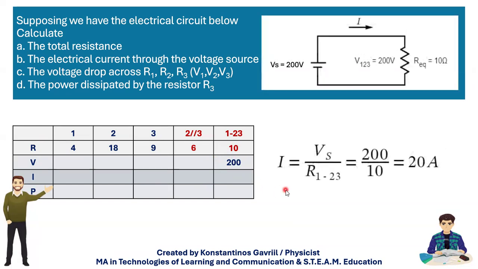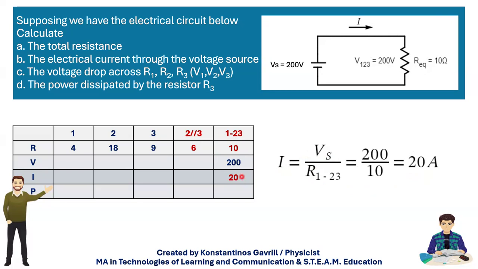So that's what I'm going to do. I equals V, because I am here in the total, I use Vs above R total, which gives me 20 amperes, and I will put it here. Okay, I have found the R, the V, and the I in this way.